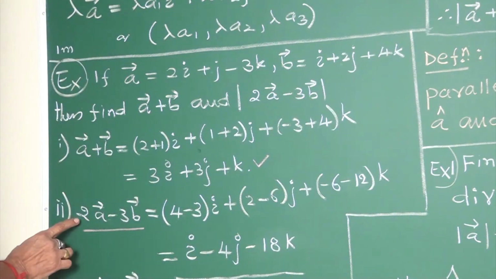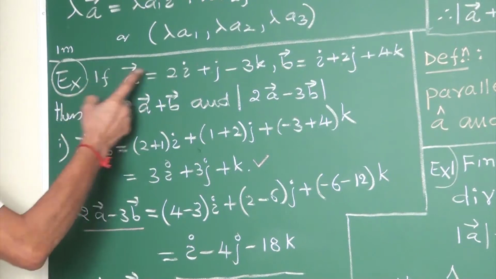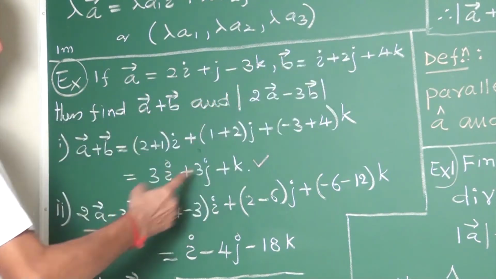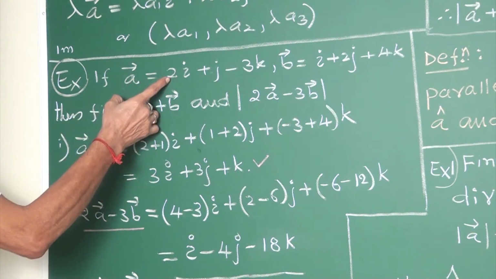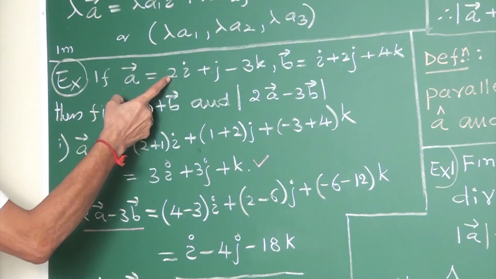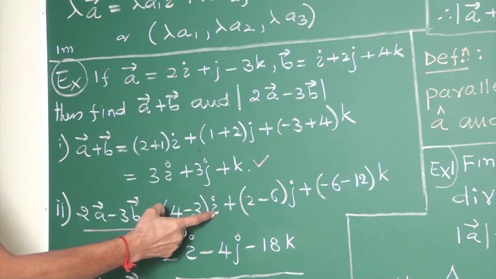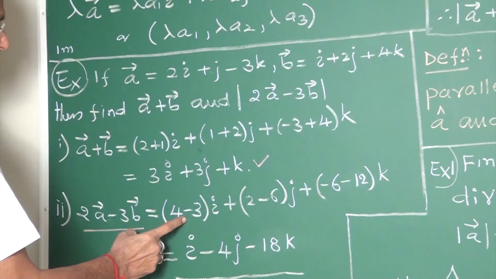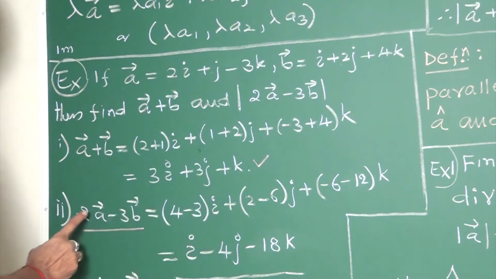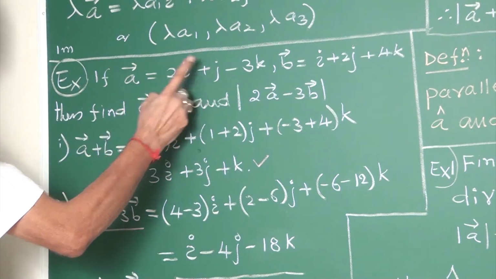Yes, I hope you understood what I have done. Multiply by 2, multiply by 3. I have done it at a stretch. Multiply the i by 2, 2 into 2 is 4. i is outside. Minus 3 into plus 1 is minus 3. i is outside. Plus 2 into j, 2 into 1.